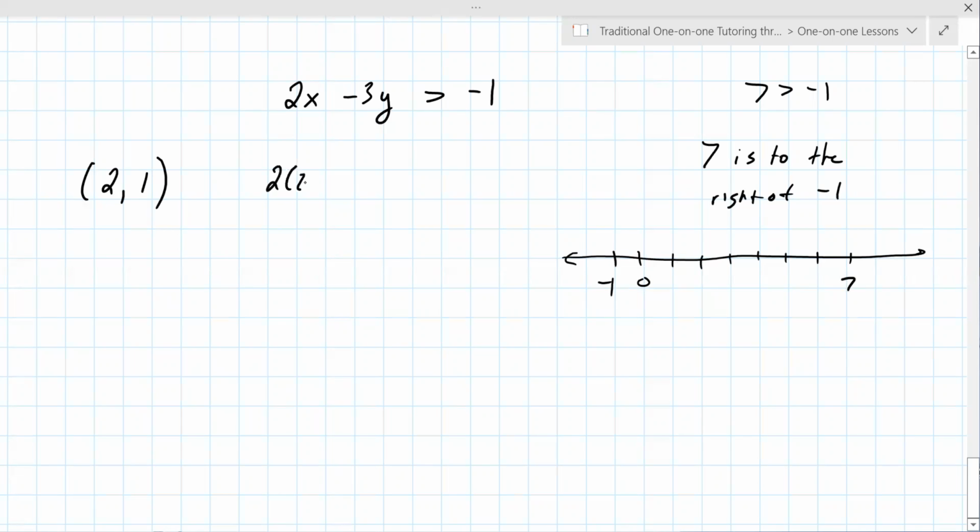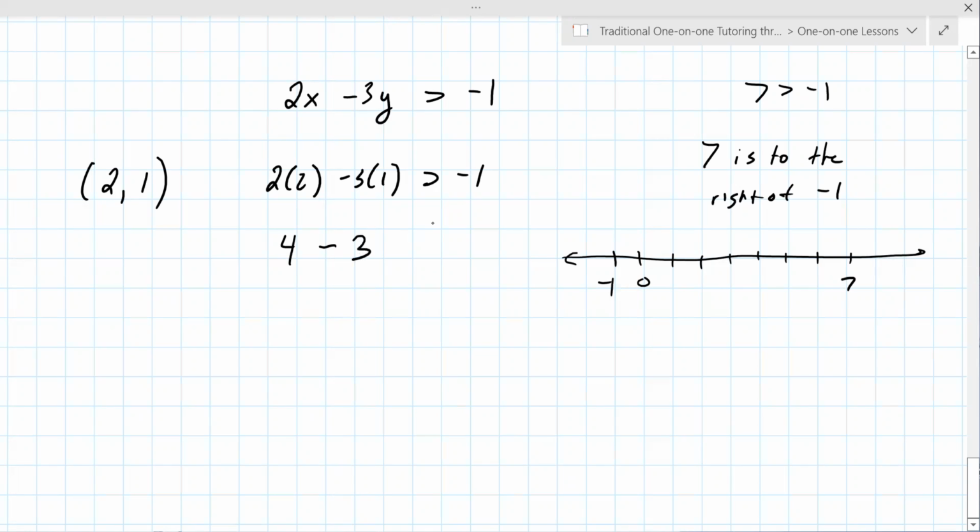2 times 2 minus 3 times 1. What is 2 times 2? That's 4. What is 3 times 1? 3 times 1 is 3.